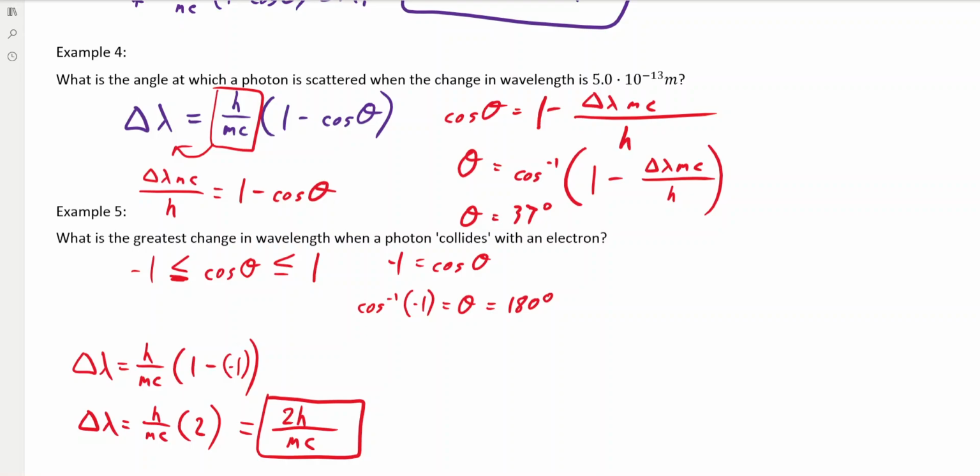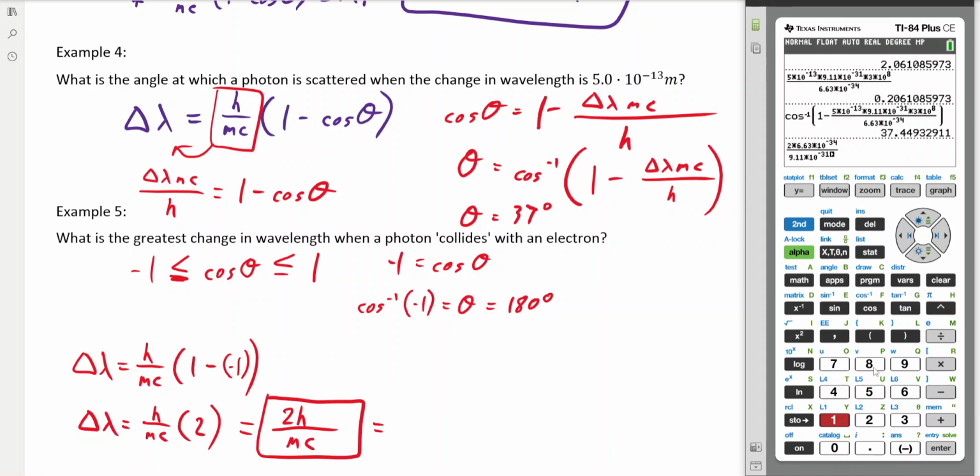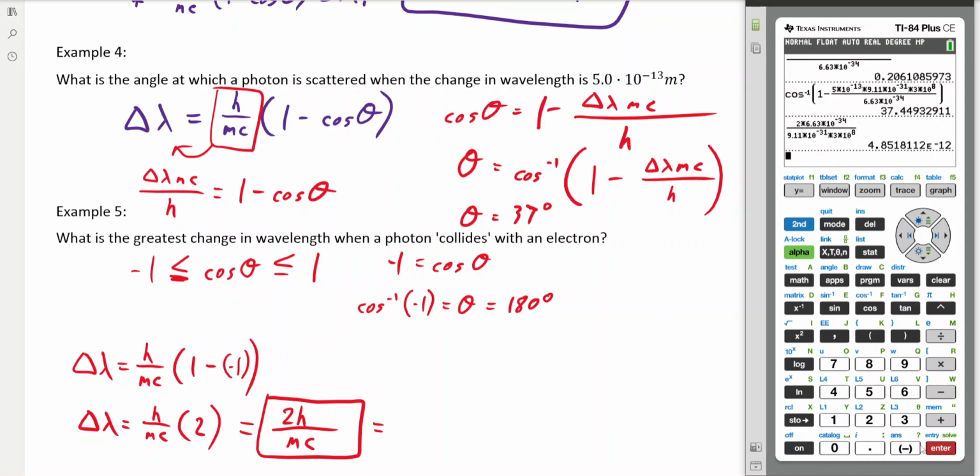So the greatest change in wavelength is just by plugging all that in. So let's do that right now. 2 times h, which is 6.63 times 10 to the exponent negative 34, over mass, 9.11 times 10 to the exponent negative 31, I believe it is, kilograms, times speed of light, 3 times 10 to the exponent 8.